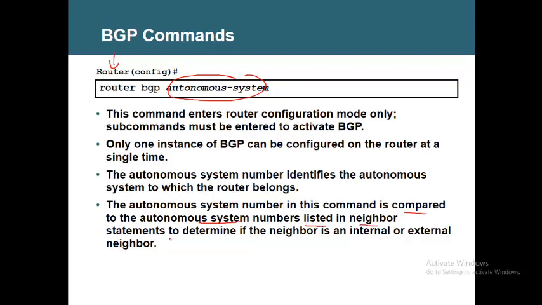Hope you remember that neighbor statement: neighbor so-and-so address remote-as. When we type the remote AS, if the number is the same, that means it is internal. If the number is different, it is external. So whether it is internal or external is decided by comparing the autonomous system number.